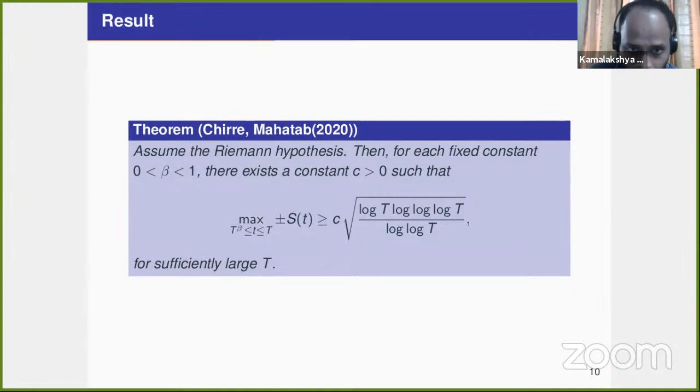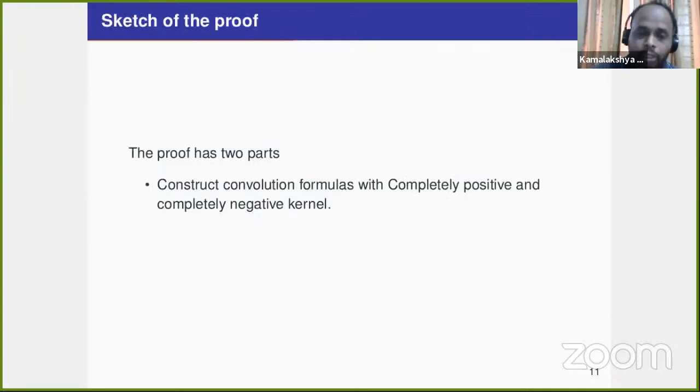We'll have a very brief sketch of the proof. It has two parts. First, we want to construct a convolution formula. Why do we want a convolution formula? Because we want to use this resonance method.